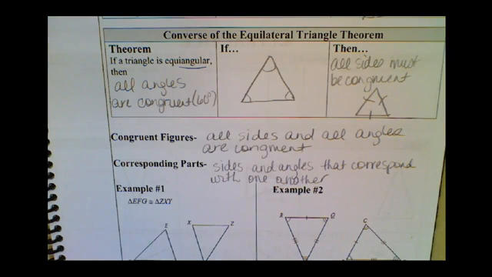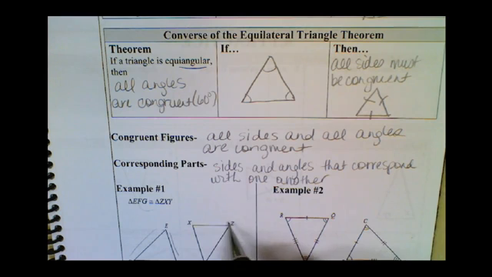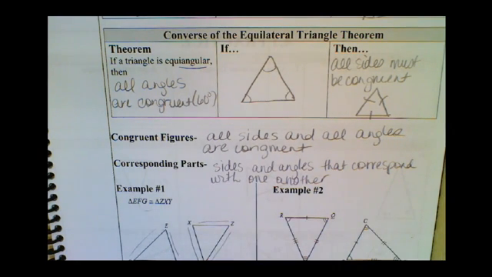Okay, so let's start with this. The way this is written is how you're going to see things a lot. So triangle EFG is congruent to ZXY. If that's true, that means that all three sides have to be the same, all three angles have to be the same.